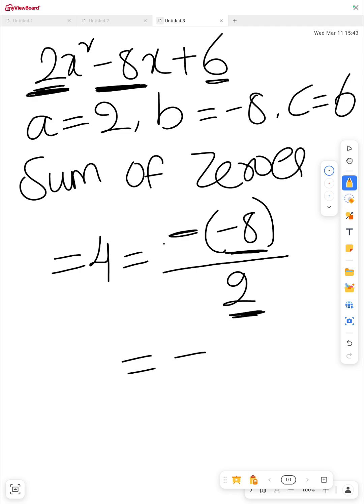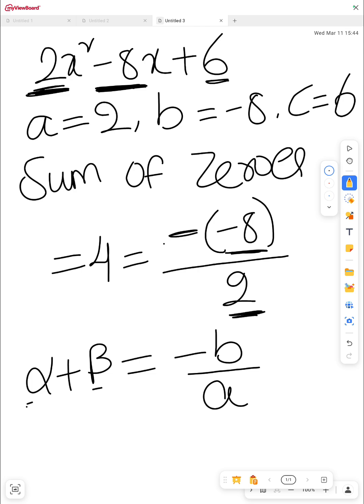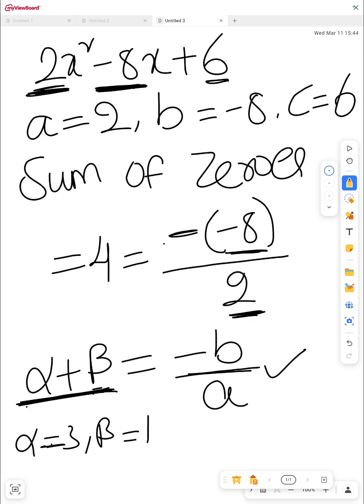We will say it as minus b by a, which is alpha plus beta. These two are the zeros of the polynomial. Let's say alpha is equal to 3 and beta is equal to 1. Okay, so this is the formula. This is the relationship between zeros and coefficients. The sum of zeros will be minus b by a, which is the coefficient of x over the coefficient of x square.